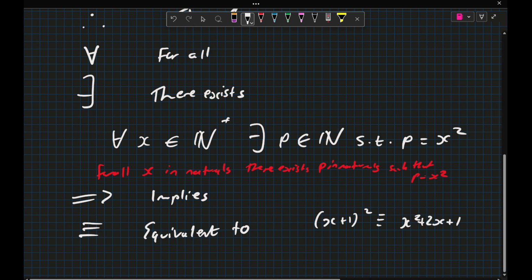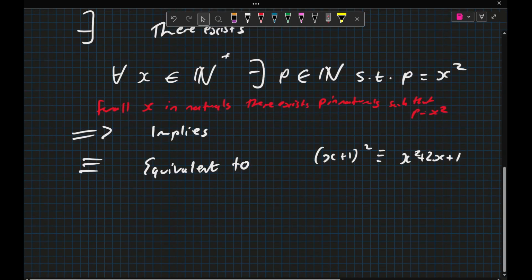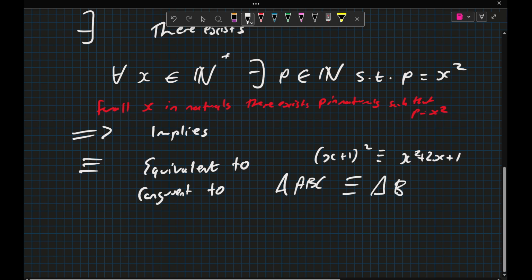They're not equal per se, because we're not solving the equation. We're just saying that these two are linked by this triple stack equals. In geometric proofs, this is also congruent to. So if two triangles are congruent, they would be linked by this. So for instance, triangle ABC congruent to BDC, for example.